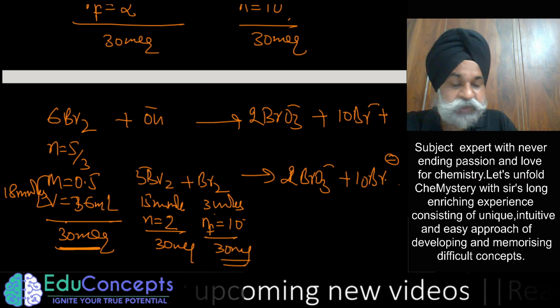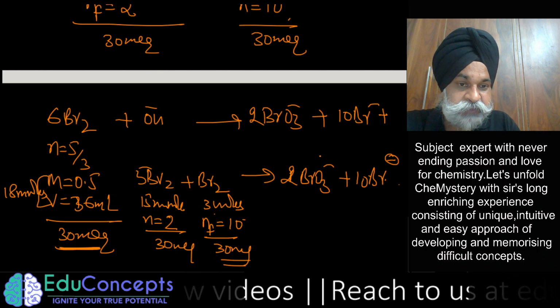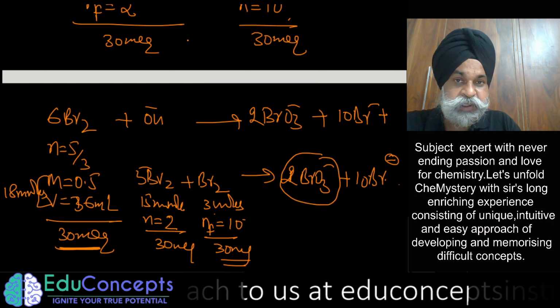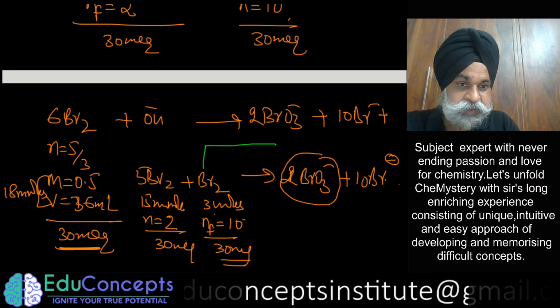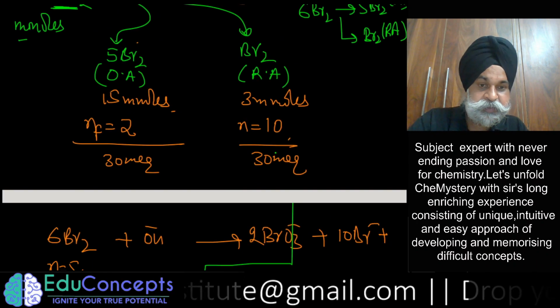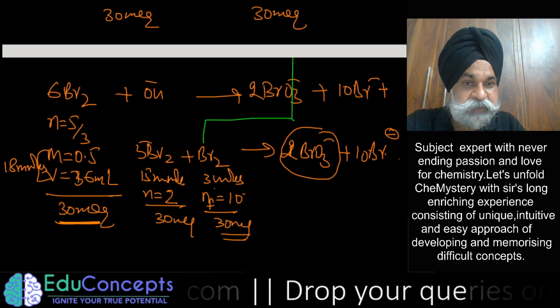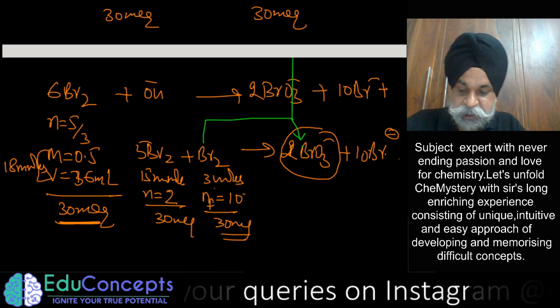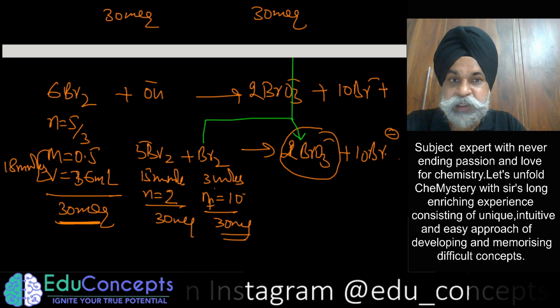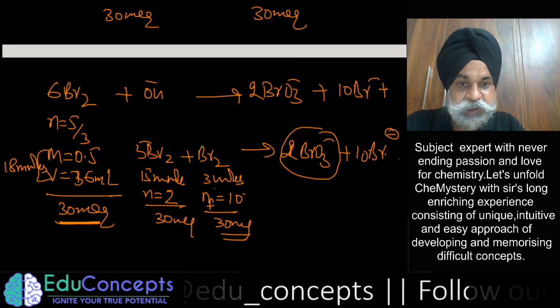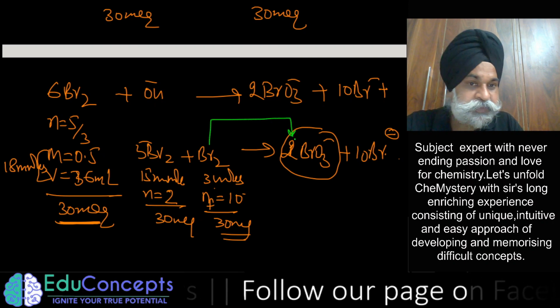So what I am trying to convey to you is that we are interested to know this quantity. So this quantity came from this Br2. Got it? Let me rub it. So this came from this one.